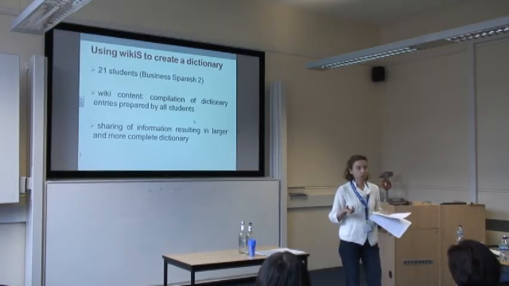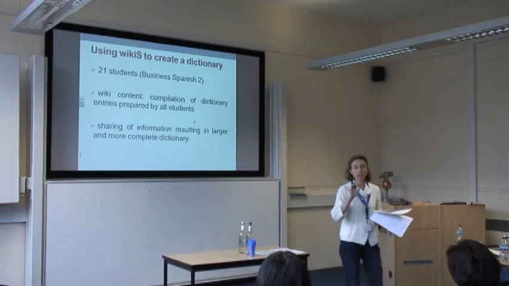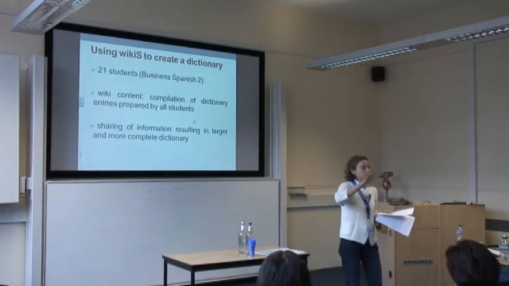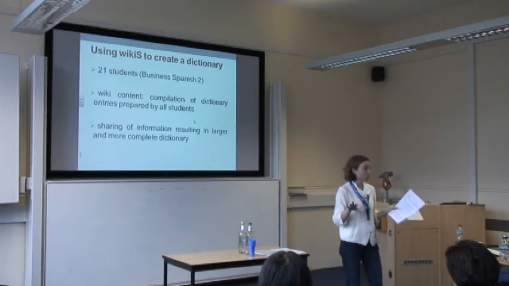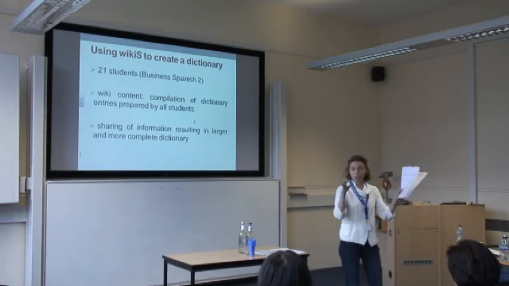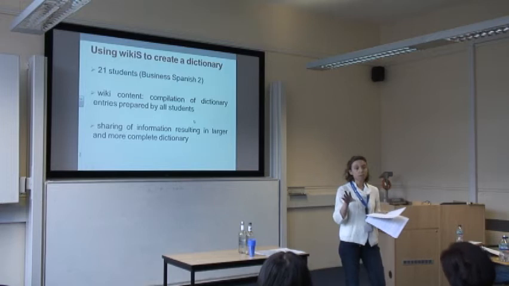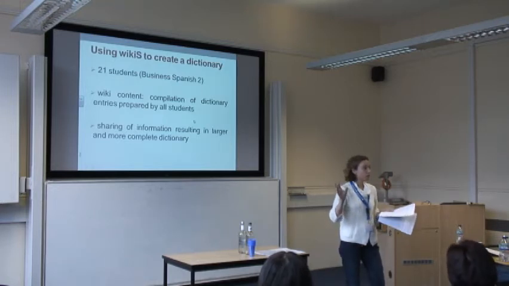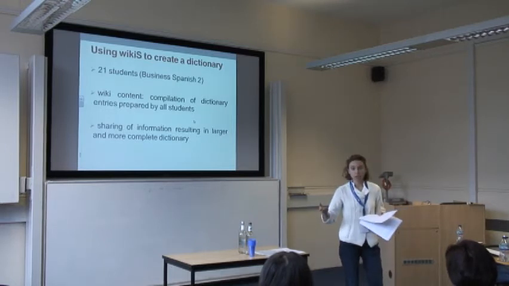If you want to change or modify the content of the wiki, you just click on Edit Wiki Content. And then you are taken to the page where you work as if you were working with a Word document. It's exactly the same, it looks the same, and it works in that way. And finally, when you have done the changes that you wanted to make, you click on Submit, and the changes are finalized, and the wiki is updated for the next user to go and do whatever they want to do with the content.